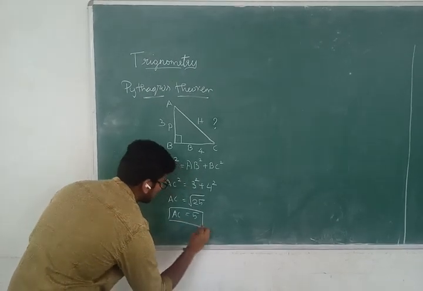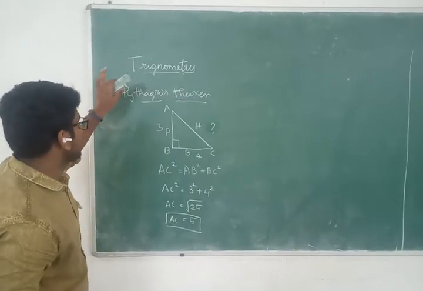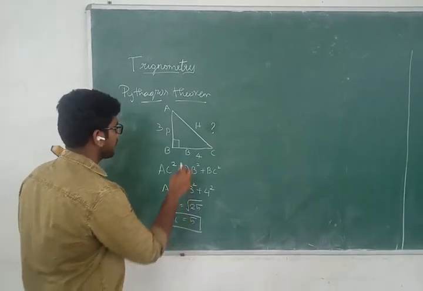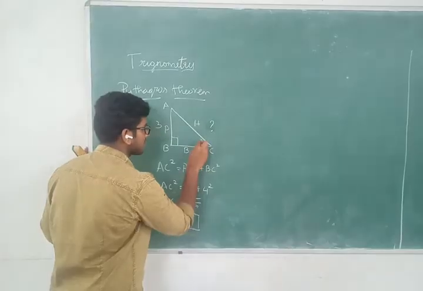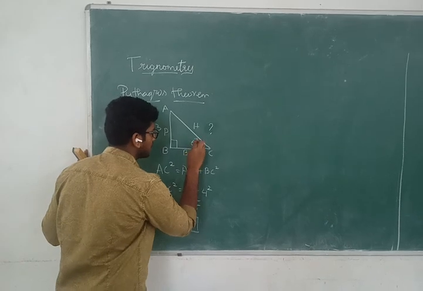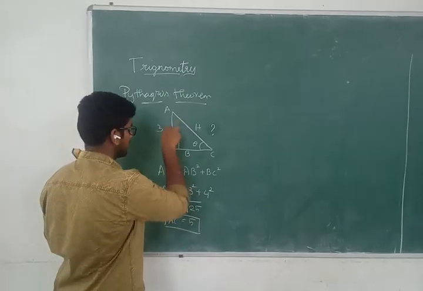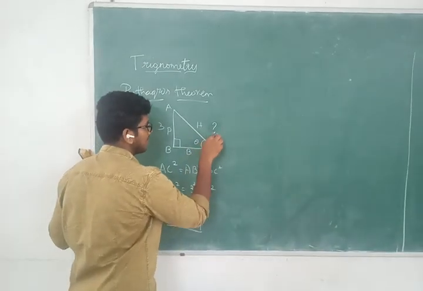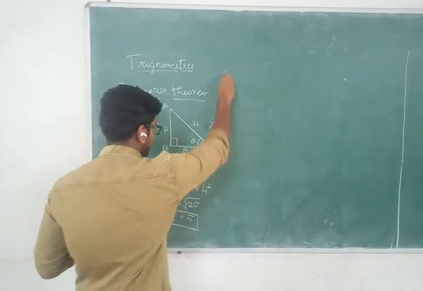So you can find this side using the Pythagoras theorem. But if you know trigonometry, you can find this side without knowing one side of this. If you know the angle of this side and the perpendicular side, you can easily find this value without knowing this side.